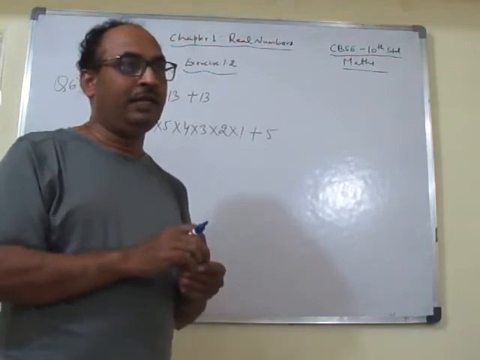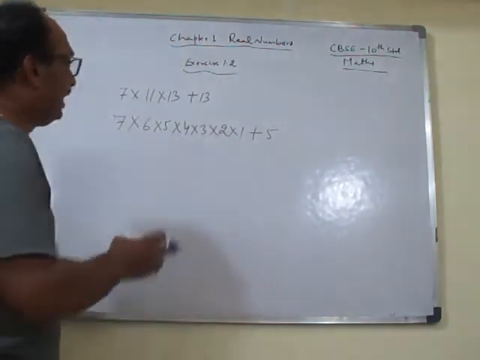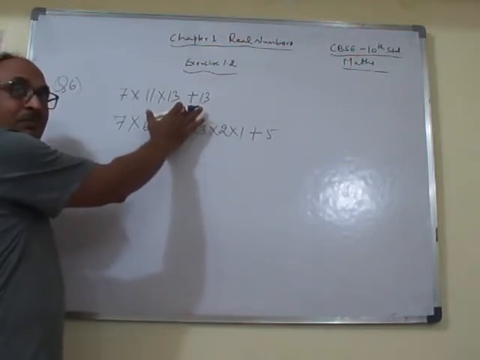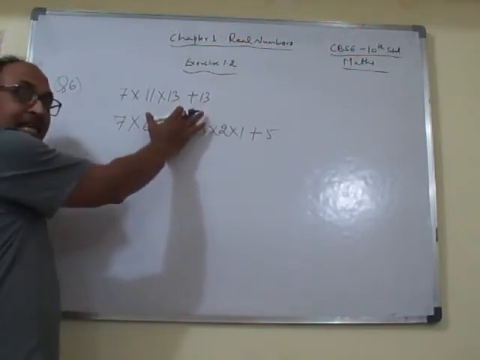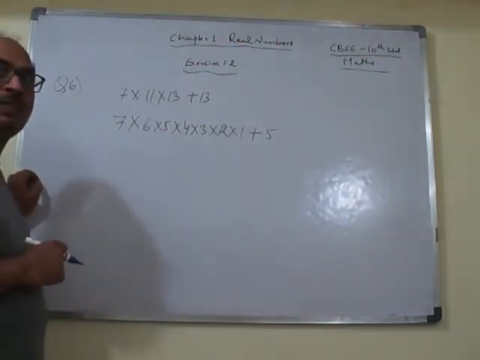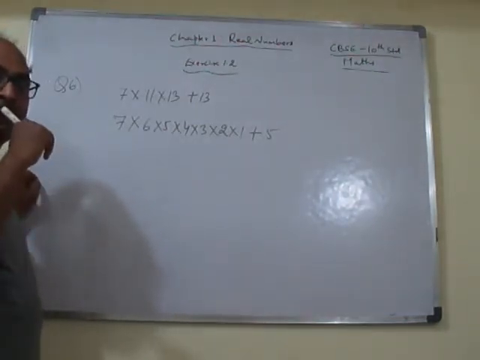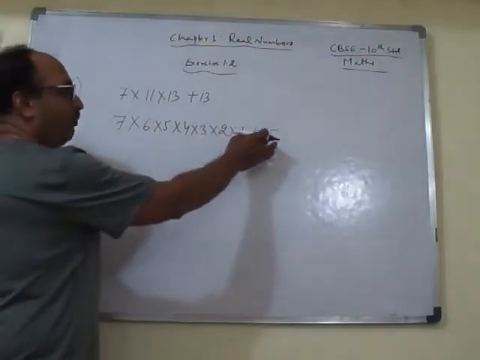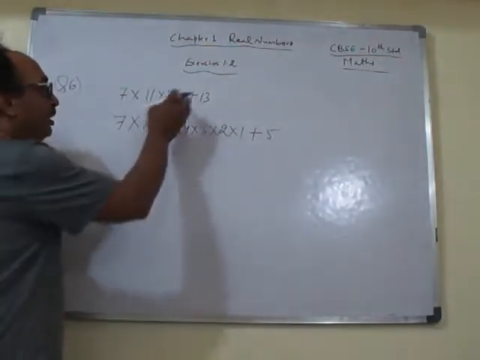Explain why it is a composite number. You can see that here plus is there, not into.